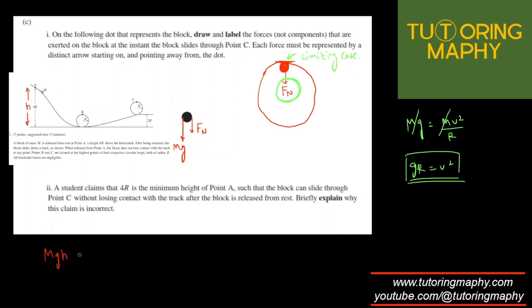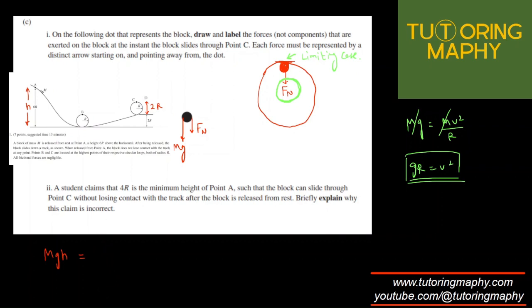If we conserve the energy, then we'll say that mgh, which is the initial total mechanical energy, should be equal to the total energy at point C. And at point C, what is the height? The height is 4r. In fact, now that I see it, I don't really need to do all this. It's not like we cannot, this will be marked incorrect, obviously.